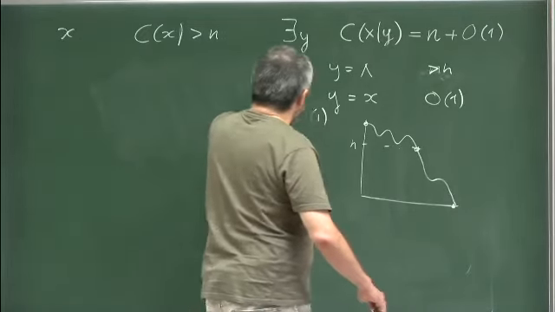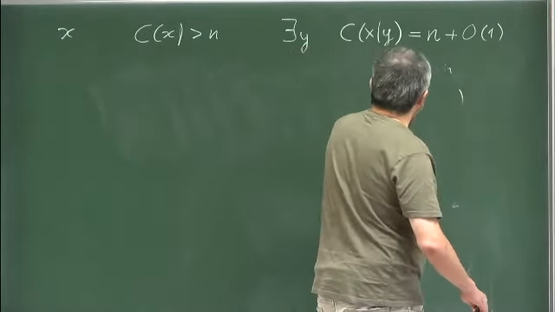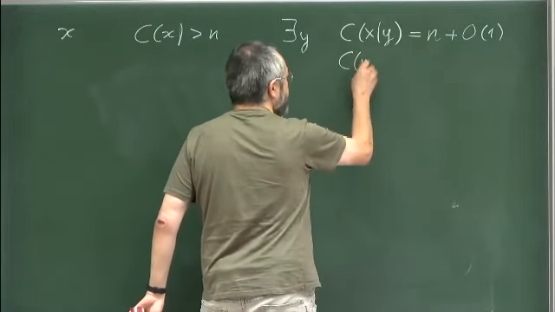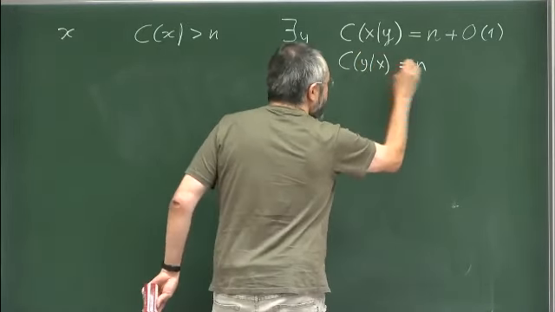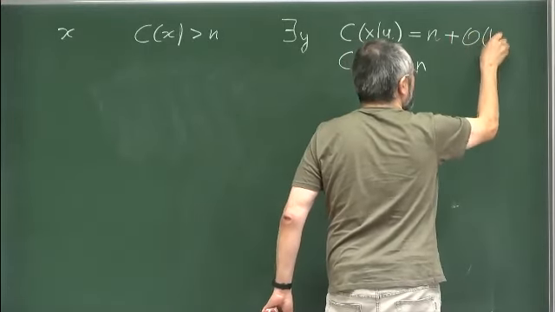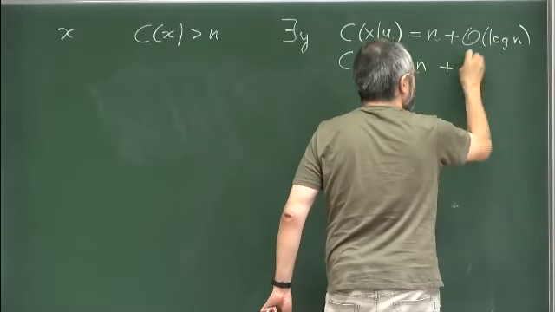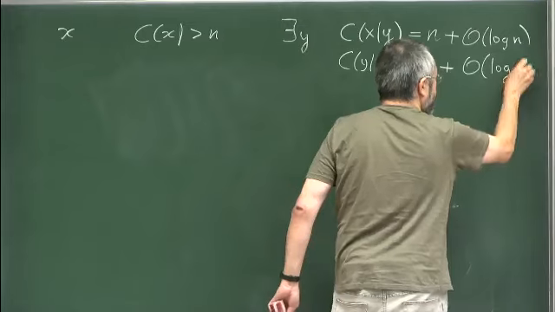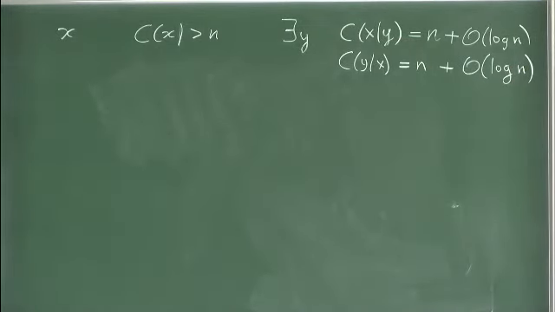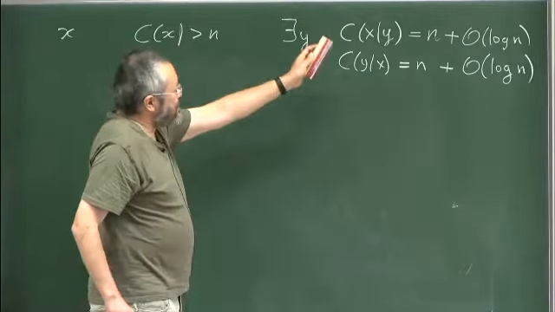Imagine we want to have both things, but with a bit smaller precision of log n. So now we want to find something at information distance n plus O of log n, which is much more natural, to tell the truth.